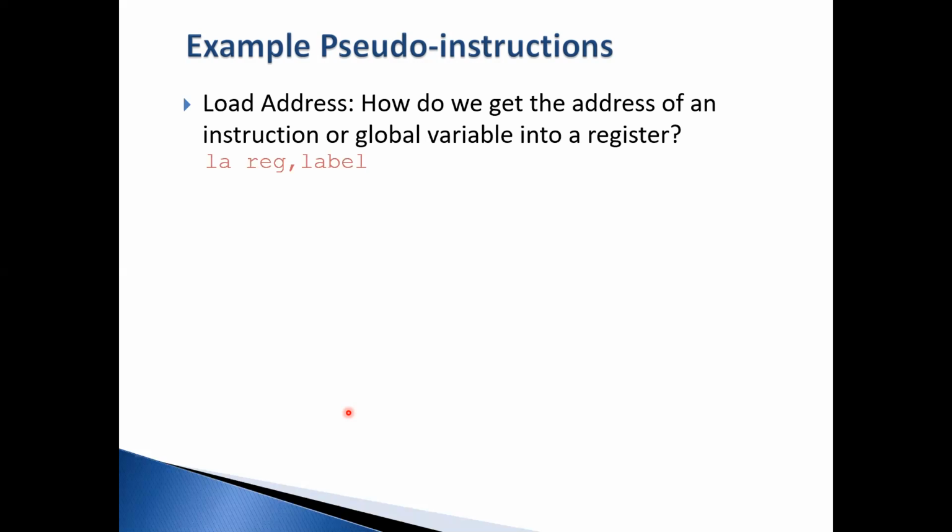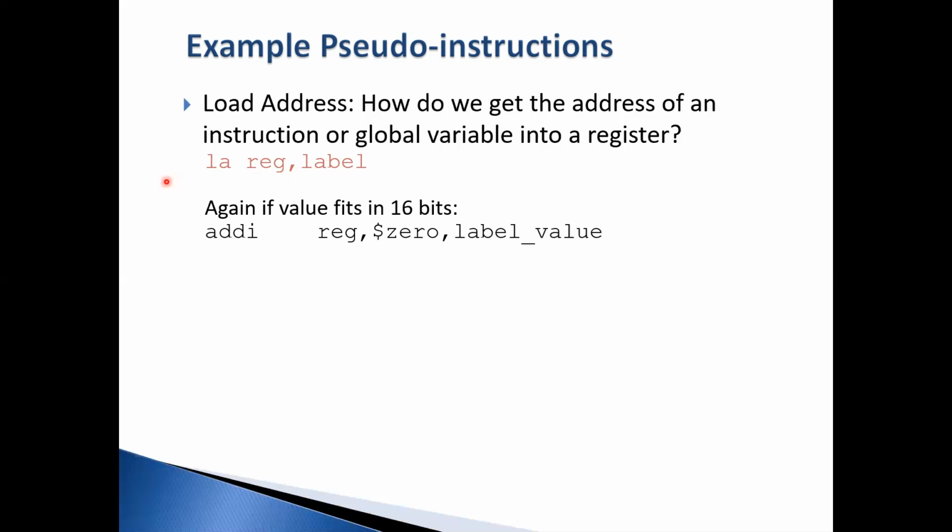So I'm going to load that address, giving it the label where the number is stored, for example, n. Then the address will be stored into a register, and now you can use load word with the register to actually load the number from that address. It's equivalent to adding the label value to 0 and saving it to the register.